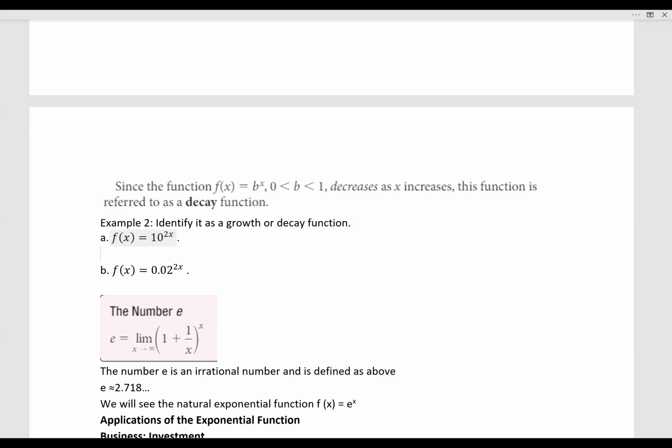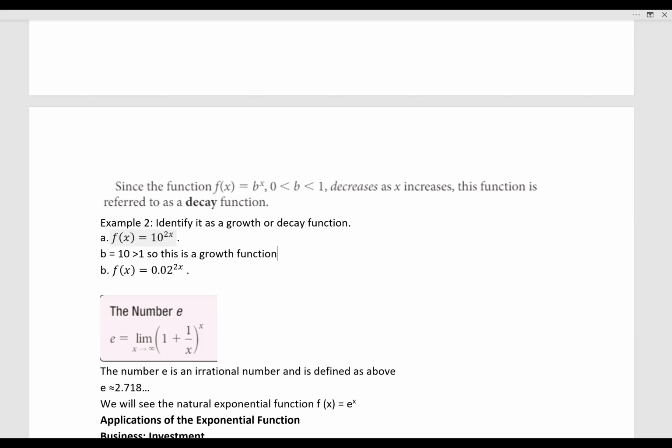In here it is 10. So I will say since b equals 10, which is greater than 1, this is a growth function.